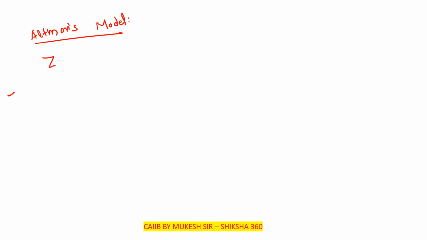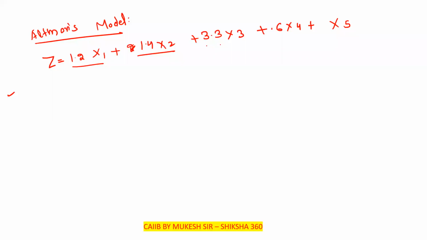Z equals 1.2 x1 plus 1.4 x2 plus 3.3 x3 plus 0.6 x4 plus x5, clear?